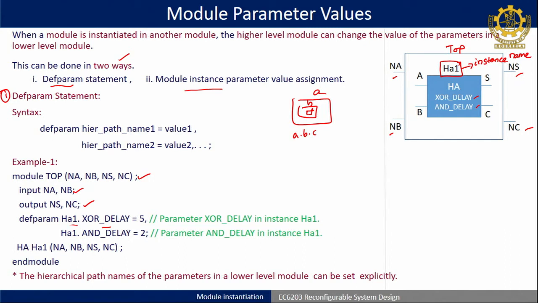Just mark that inside HA, XOR is directly there, they do not have any intermediate hierarchy. If there had been some hierarchy, then you have to put it here like A dot B dot C, and the final one is the parameter. We will see different examples. Now that HA is called with HA1 and connected to NA, NB, NS, NC, at the end we are just doing the port mapping to create the top block.